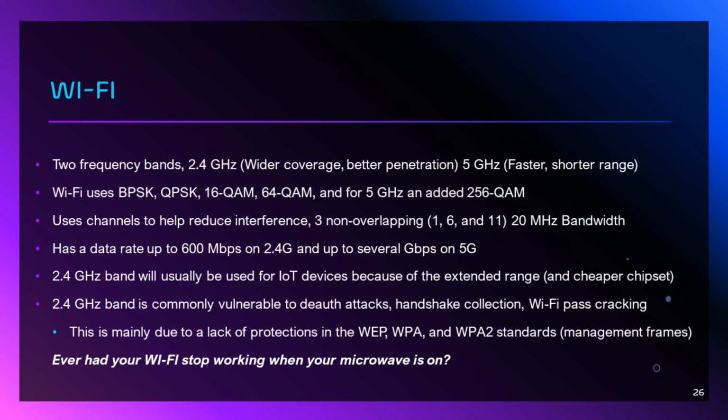We have our QPSK, so this is our quadrature phase shift keying. And then we have some weird ones, 16, 64, and for 5 gigahertz, 256 quadrature amplitude modulations. So these are a little more advanced than the ones we just talked about, and that is because they allow for more bits to be encoded per wavelength.